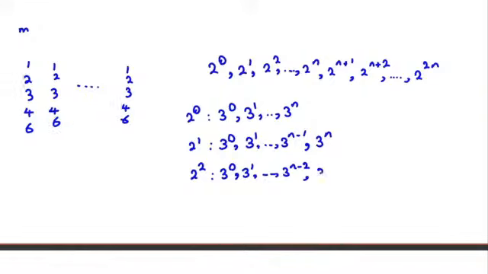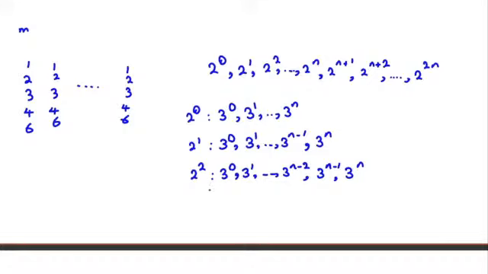Okay, 3 to the n minus 1. And if we select two 6's and from others 3, then it will be 3 to the n. Okay, and we cannot have more than n for the power of 3.